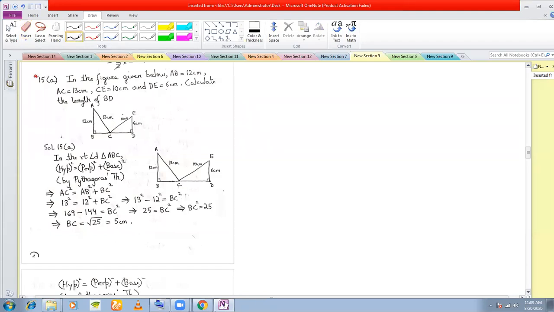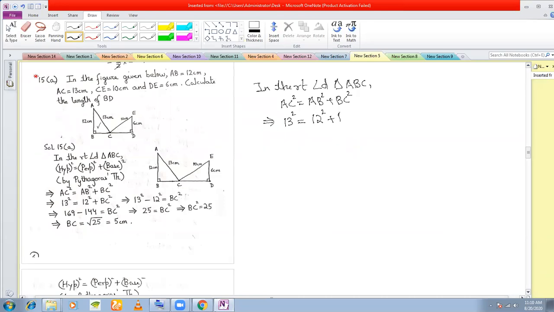First we'll consider this right angle triangle ABC. AC square is equal to AB square plus BC square. So what is given to me? AC is given as 13, AB is given as 12.